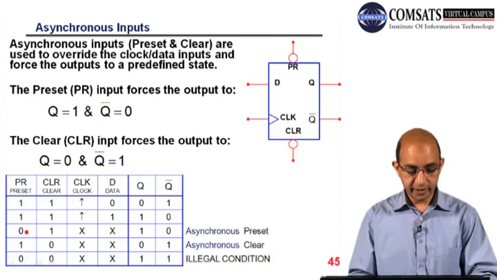Here we have clear 0, so you can see that we are resetting the latch irrespective of the clock. That's why we call those inputs asynchronous, because they function independently from the clock.